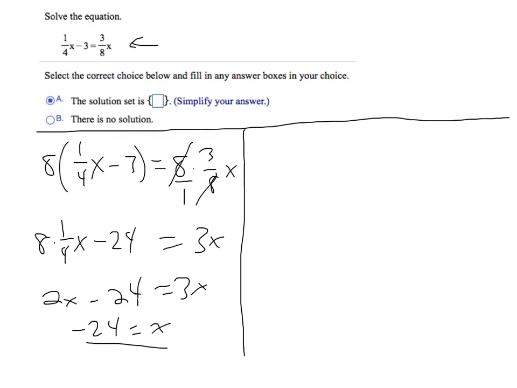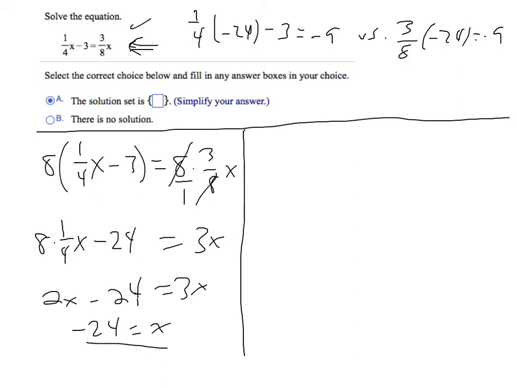And since that's a nice whole number, it's very easy to plug in. 1/4 of negative 24 minus 3: that's negative 6 minus 3, which is negative 9. And on the right-hand side, compare that to 3/8 of negative 24, which is also negative 9. So when I plug negative 24 into the original equation, I get the same thing on both sides.